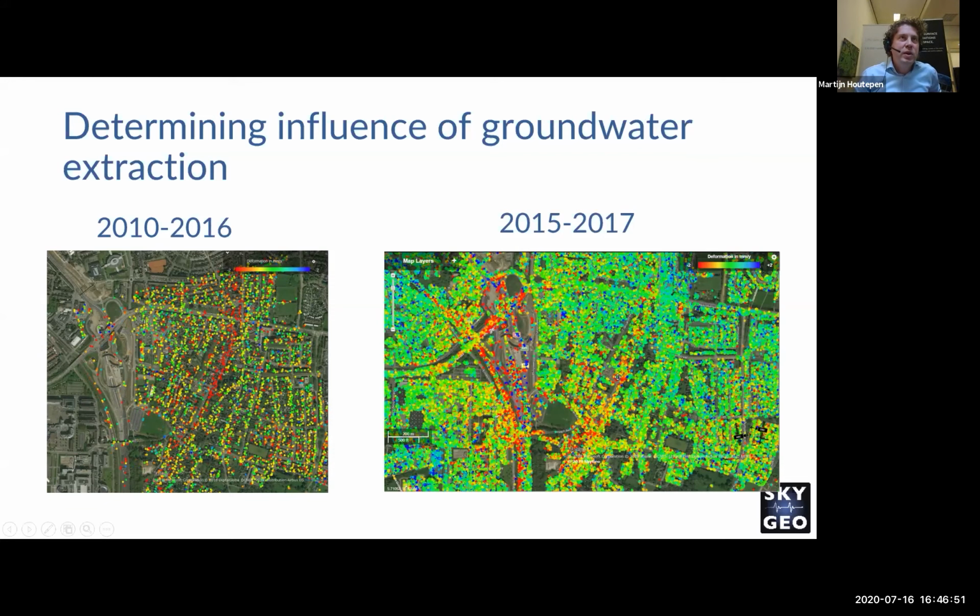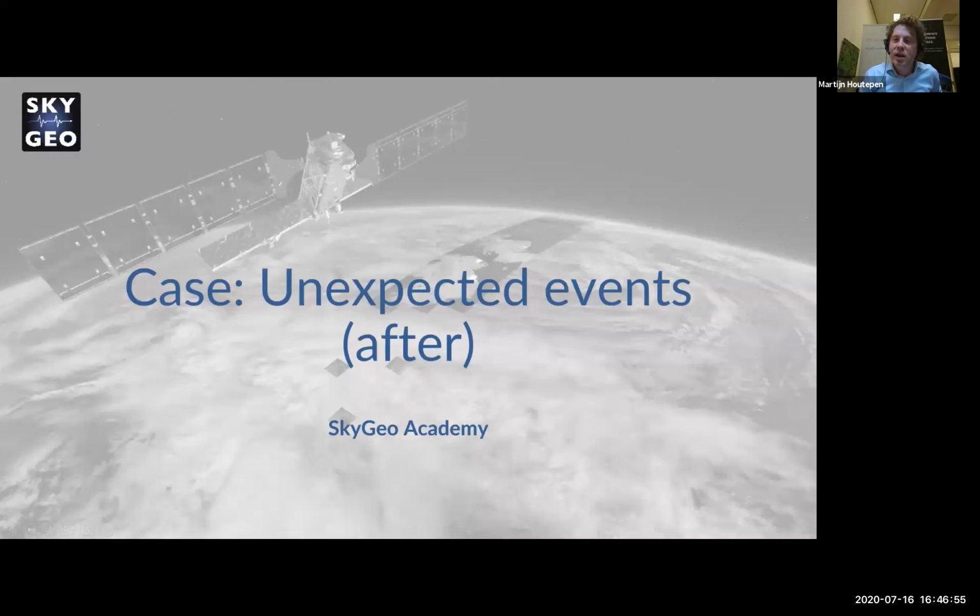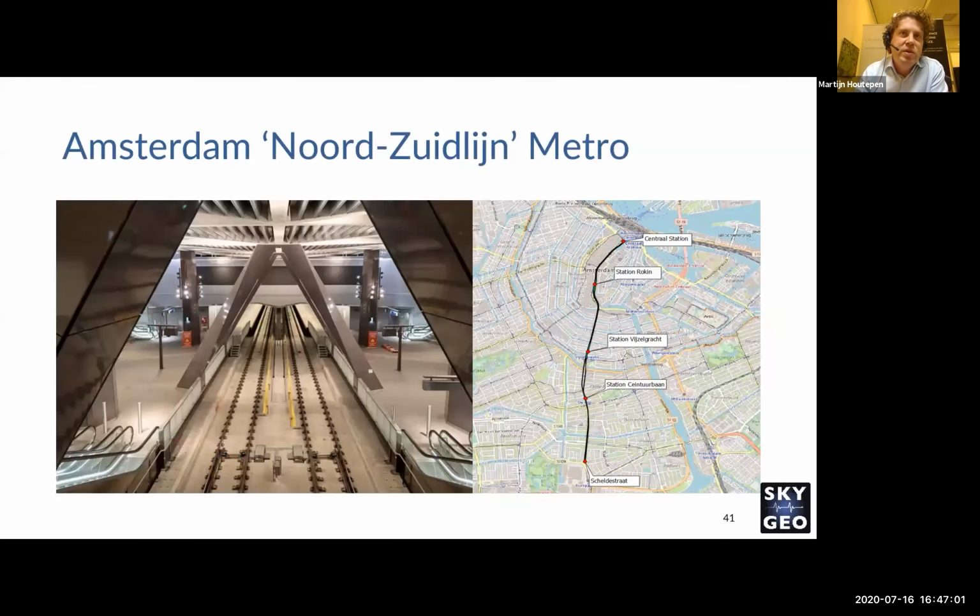Okay, so that's the question done. And then after tunnel construction, this is a famous tunnel construction in the Netherlands, the North-South line, which is a metro going from the north of Amsterdam, the central station, to the south, which is where the financial district of Amsterdam is.